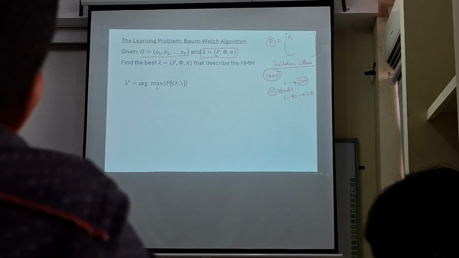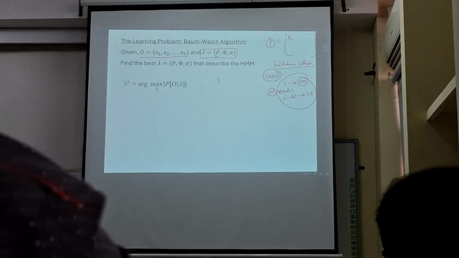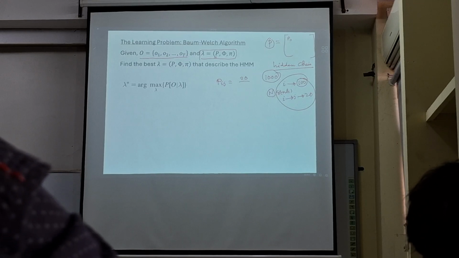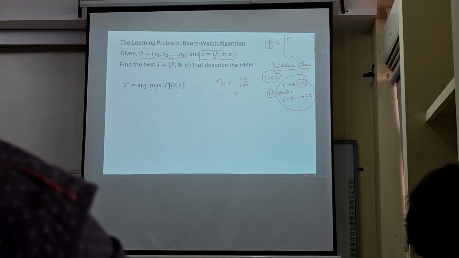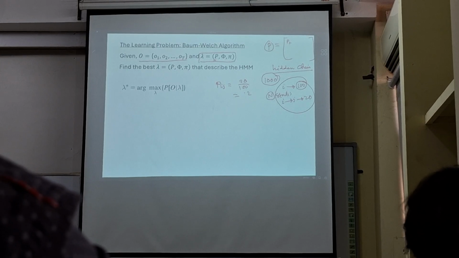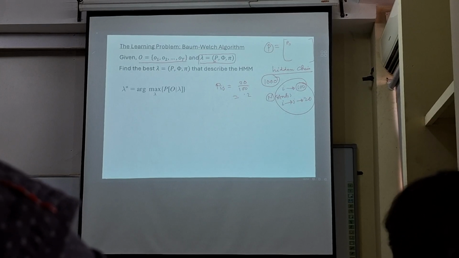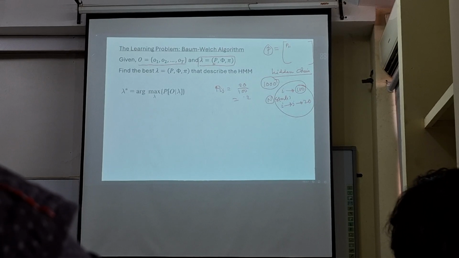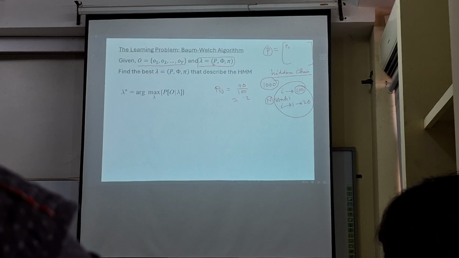Once we have this, then we know that the probability of transition from I to J is zero. To calculate this, the states of the chain should be visible.